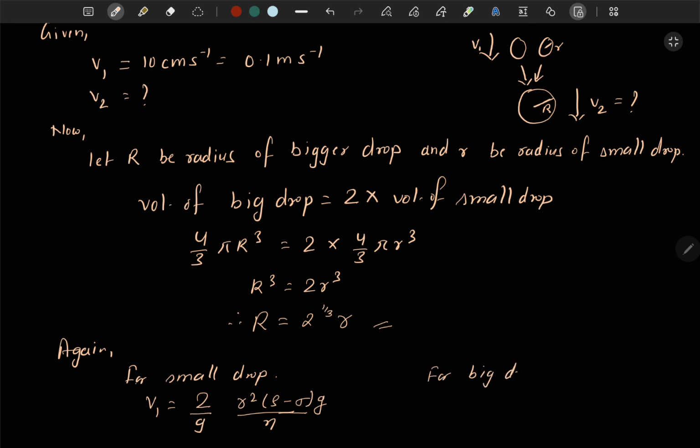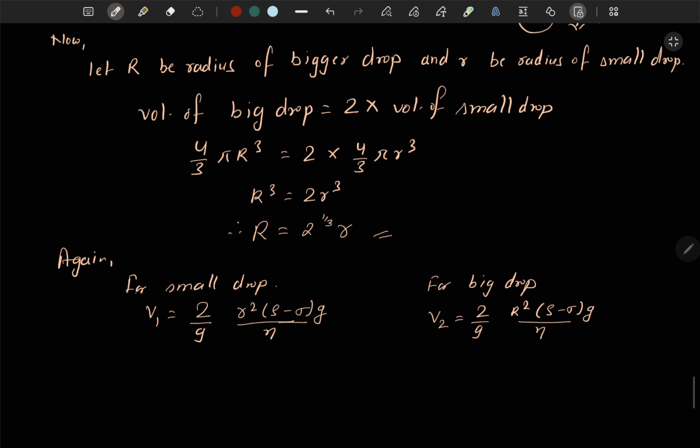For big drop, v2 is equal to 2 by 9 capital R square rho minus sigma into g by eta, viscosity of air in which the drops are falling.